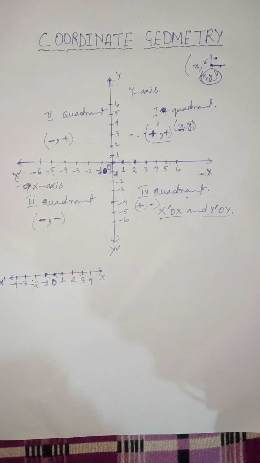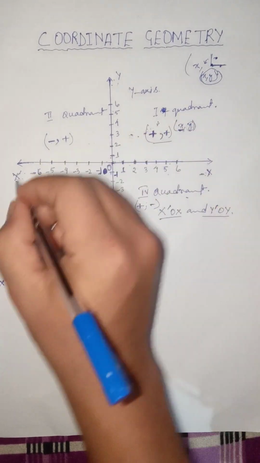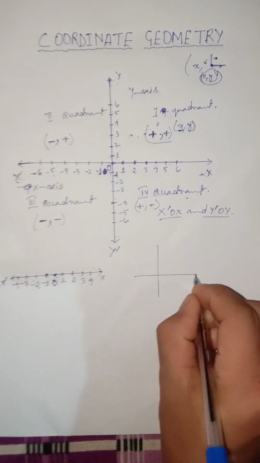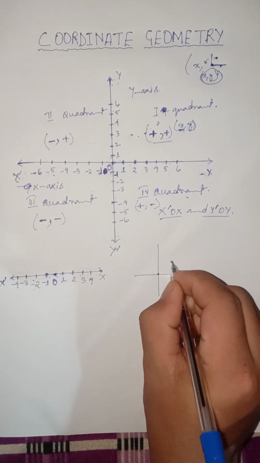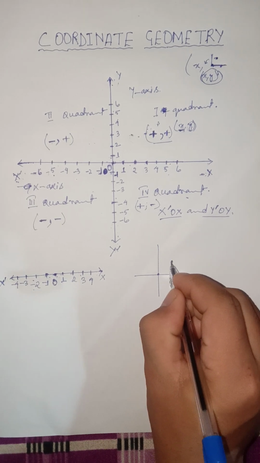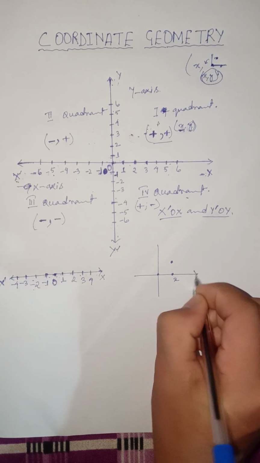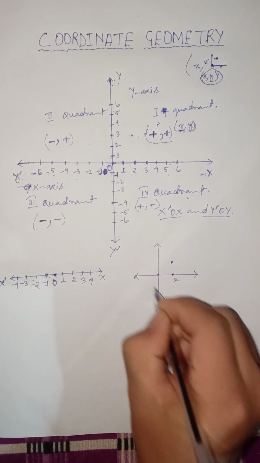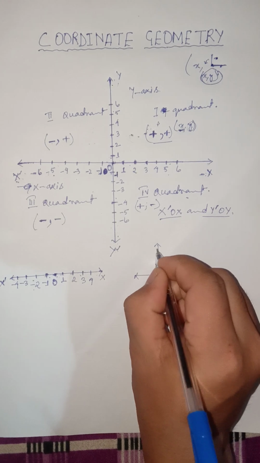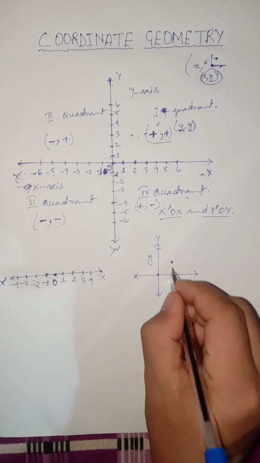Alright, so suppose we have one object. Let us take here, we have one object located in this, and we want to measure this position. First we have to determine the x-axis, and right after this we have to determine the y-axis.